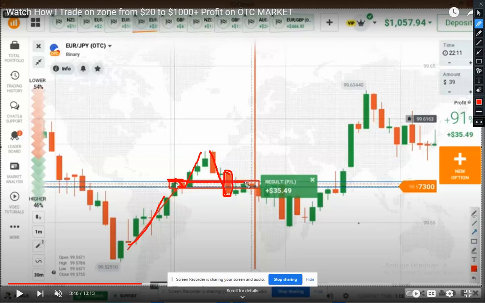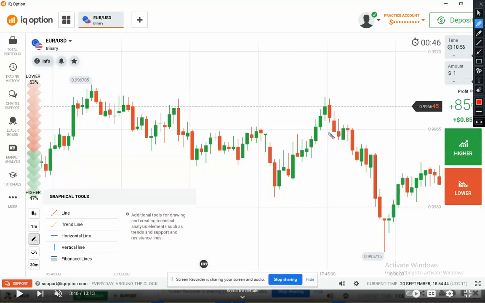So that is exactly the zone. When this candle breaks the zone to the downside, it violates the zone, which means the market retraces back to the level. What I expect is the price to retrace back down. Okay, that is why I took a put option. It's very simple. Let me go to the chart and explain why.